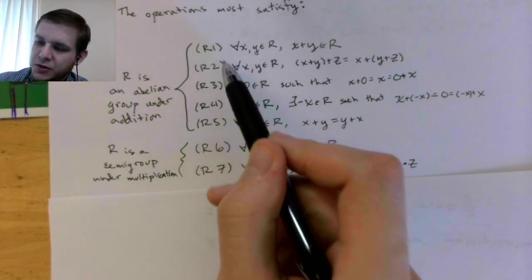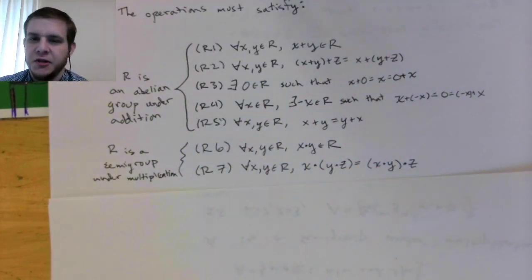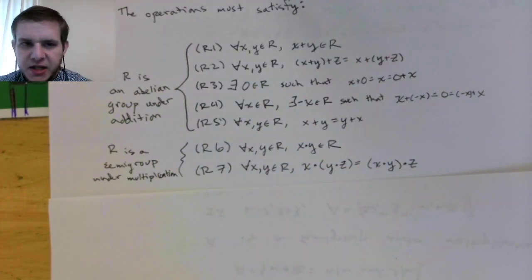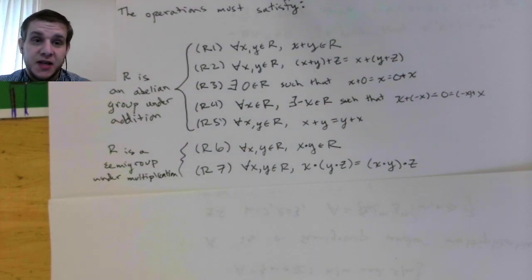So far I've just told you that it has an addition structure and it has a multiplication structure, but I need to tell you how they interact. Otherwise, this is just a set with two different things, and there's no interaction between the two.